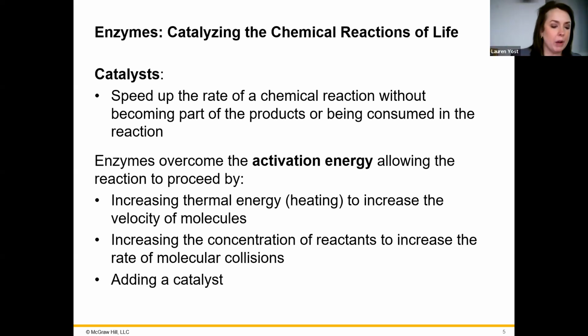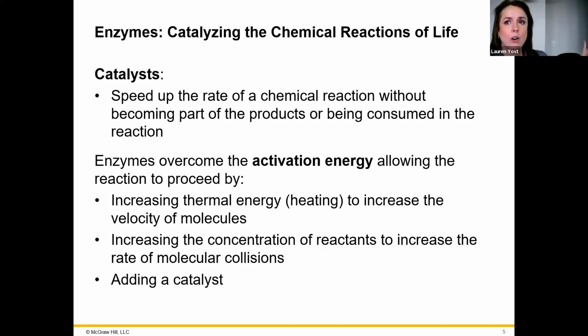All right, anytime you have a reaction and you want it sped up, and there's something there that will help speed it up, those things are called catalysts. Catalysts help overcome the activation energy. The activation energy is just the energy that has to be put in to make that reaction go. Essentially, you're going to need more energy if you don't have the catalyst there to help, right? There are other ways you can help overcome activation energy.